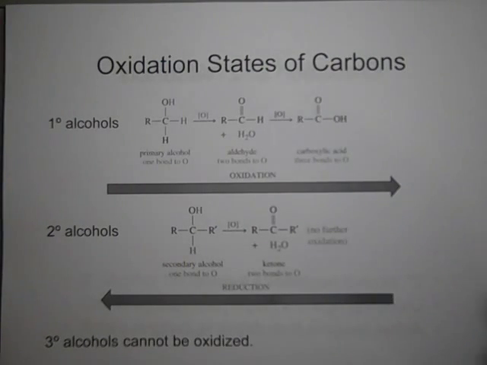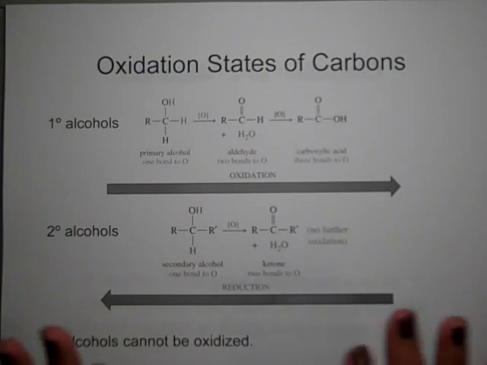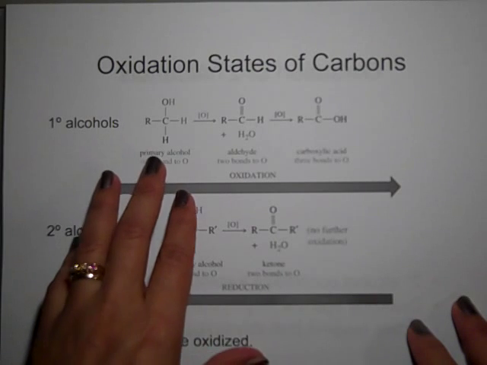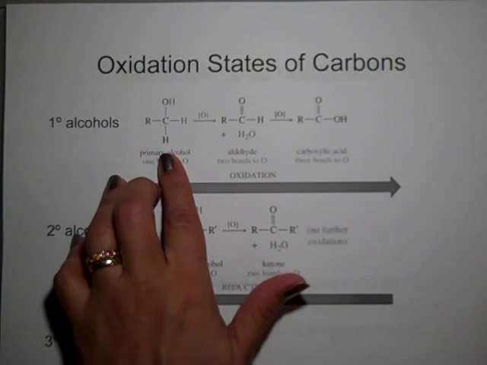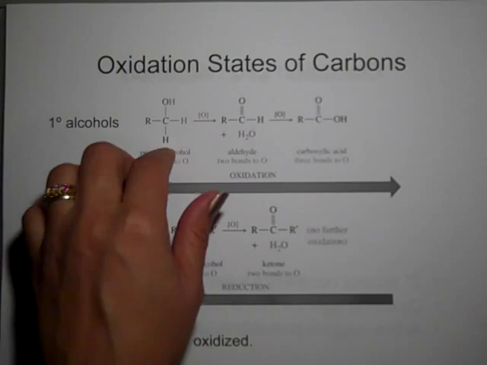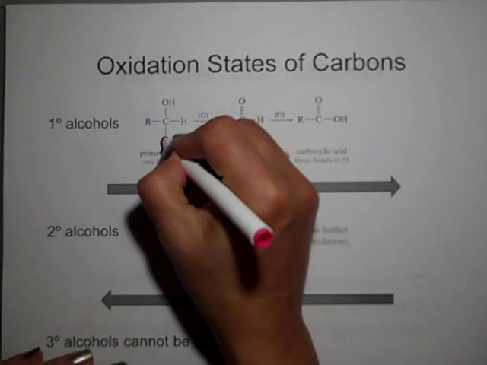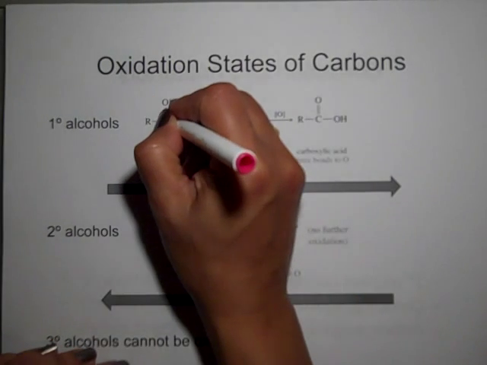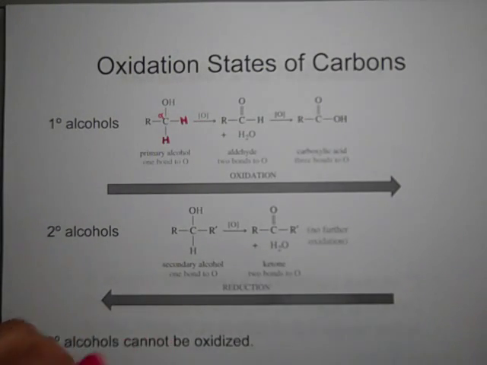Alright, I have taught you that as soon as you see an alcohol, the first thing that you do is you classify the alcohol. So for example, I have a primary alcohol right here, and for primary alcohols you have 2 different hydrogens attached to your alpha carbon. That's important to actually know because depending on the number of alpha hydrogens, that's how many oxidations you can actually do.